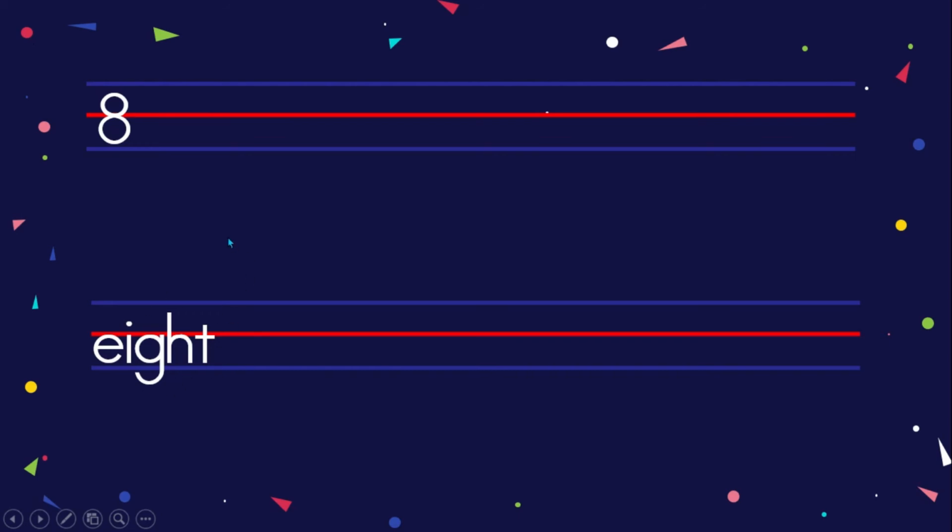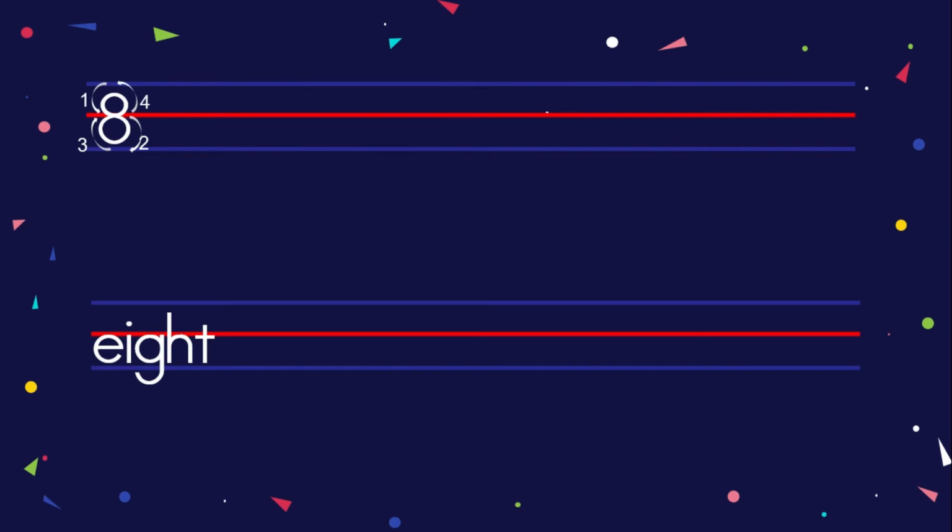Okay, so for the number 8, how are you going to write the numeral 8 and the number word 8? Okay, so first we're going to make a semi-curved line. Okay, and then you're going to continue it by making another semi-curved line naman sa lower right. And then another semi-curved line dito sa lower left, and you're going to continue it on the upper right, okay?